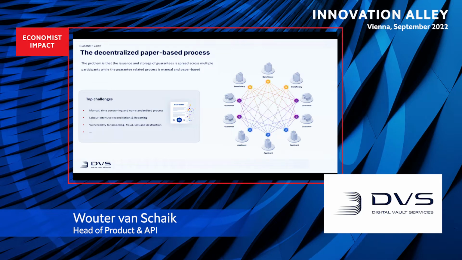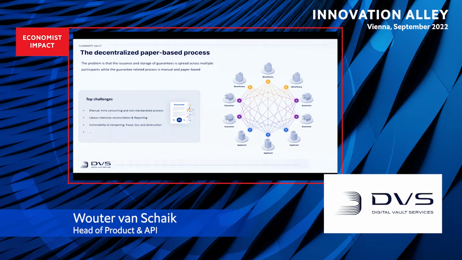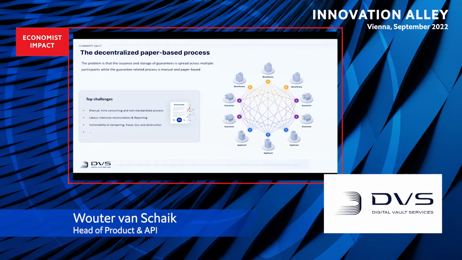Currently what you see typically today as a corporate acting in the guarantee space is that you have multiple guarantors that you interact with. Whether it's surety companies, whether it's banks, whether it's both, it's a hassle to get into all these different guarantors, follow their processes, follow their guidelines and follow their templates.